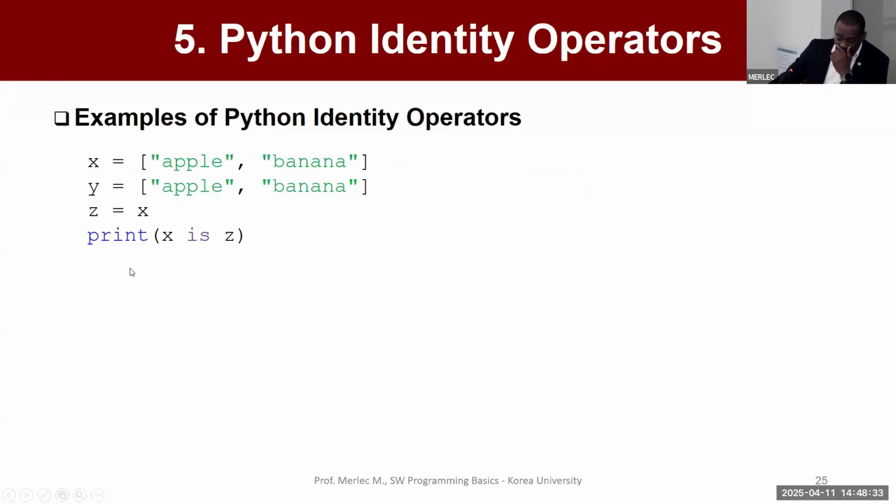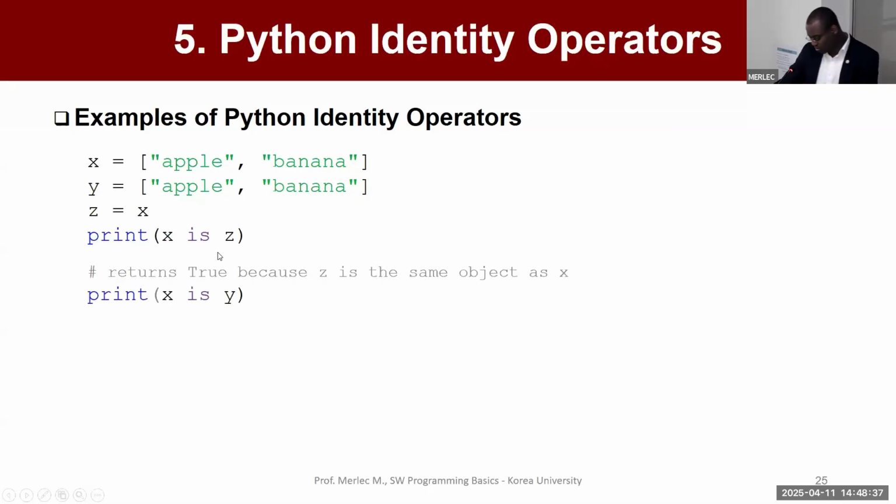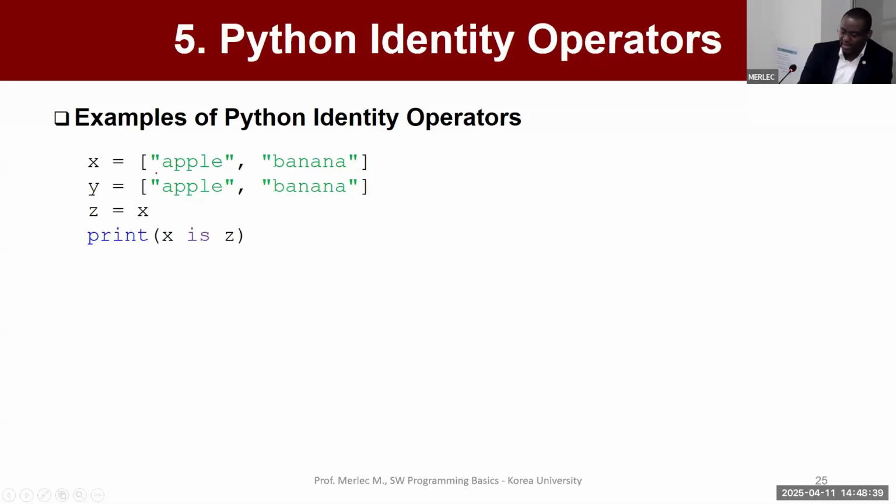For example, I would like to check whether x is equal to z. In x, I initialize a list of objects: fruits, apple, banana. Okay, they are objects. And in y, as a variable, I save a list that contains two objects, apple and banana.